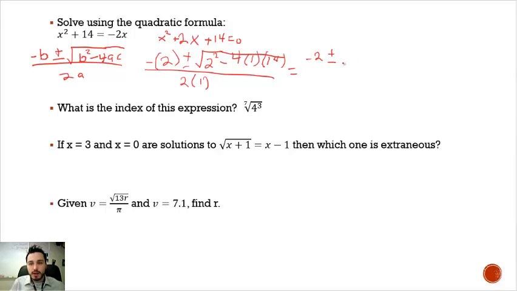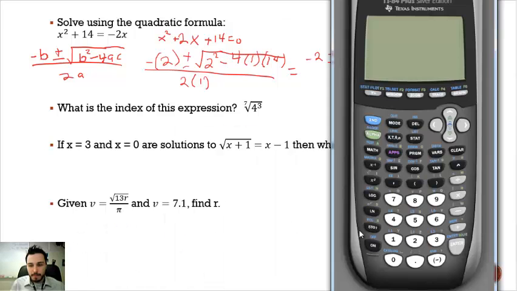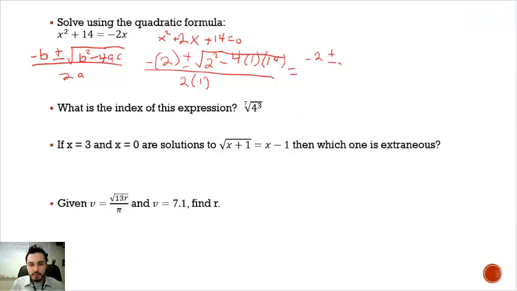Negative 2 plus or minus... let me just pull up the calculator real fast. 2 squared minus 4 times 1 times 14 is negative 52. Alright, and so then the square root of negative 52 over 2.